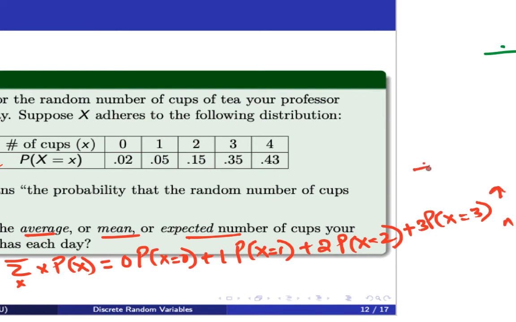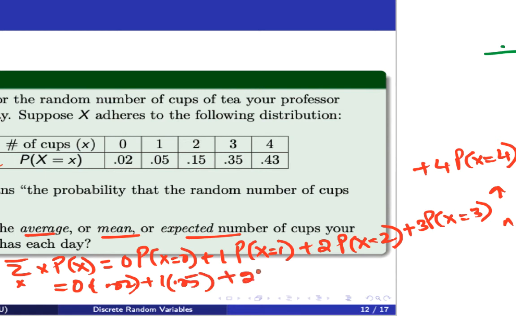Plus 4, probability x is 4. Okay, so what do you get here? Equals 0 times 0.02, that's simply 0. 1 times 0.05 plus 2 times 0.15 plus 3 times 0.35 plus 4 times 0.43.